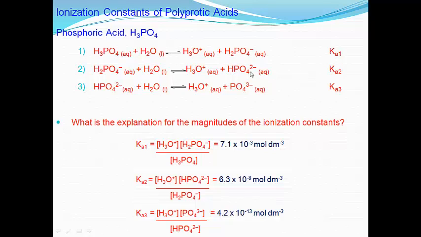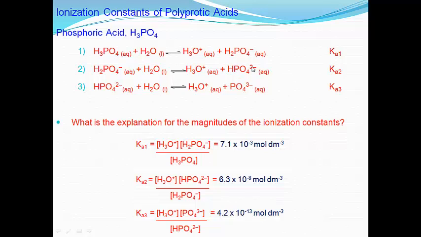But if we look at the second ionization process, then the proton that would have been in H2PO4 minus, you can consider it as being attracted to an HPO4 anion that has a 2 minus charge.